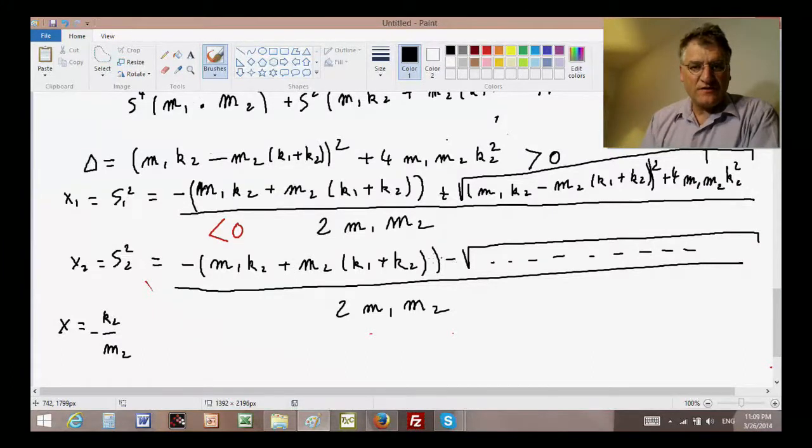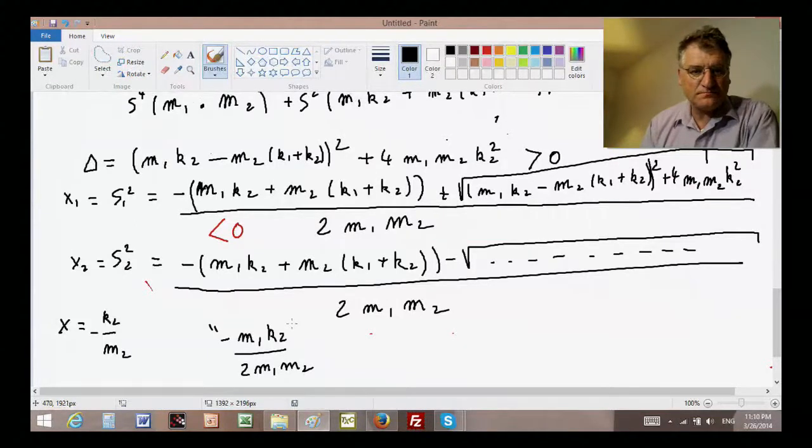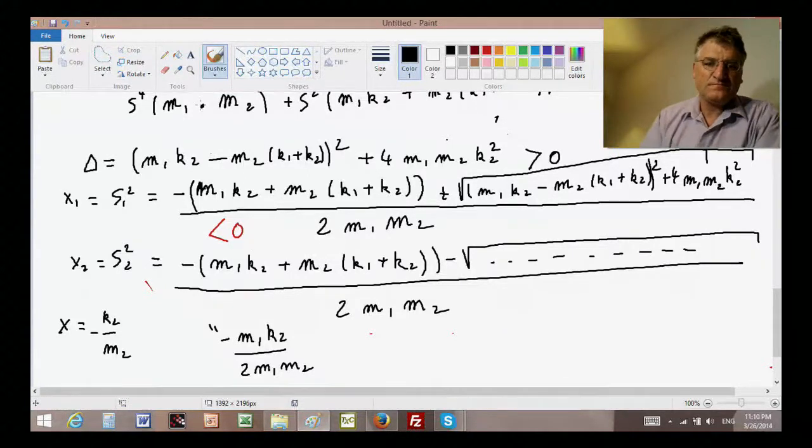Well, this guy contains two negative terms already, and then it contains a term which is minus M1 K2 divided by 2 M1 M2. Now, that's not exactly what we need. Indeed, that would give you a K2 over M2, but that would not be sufficient to order this guy with respect to this guy X2.